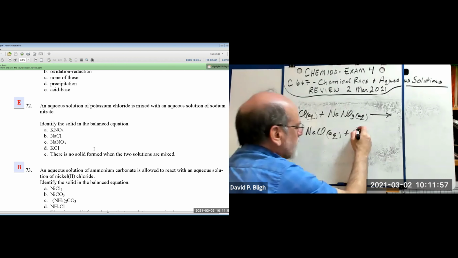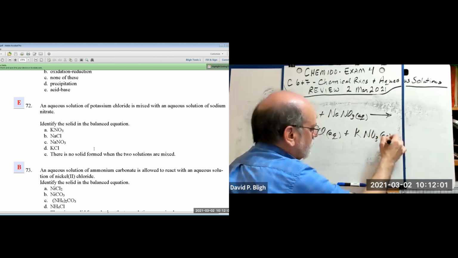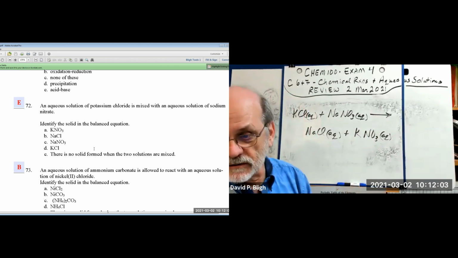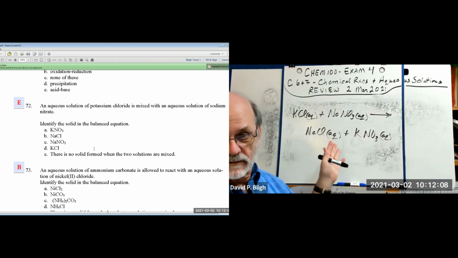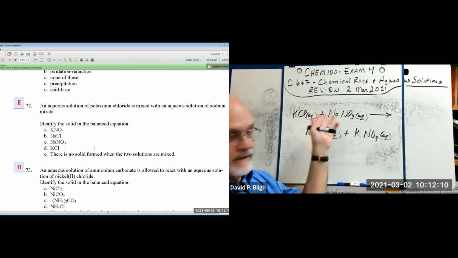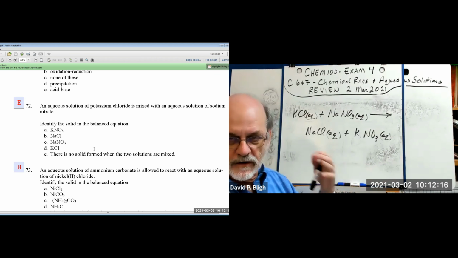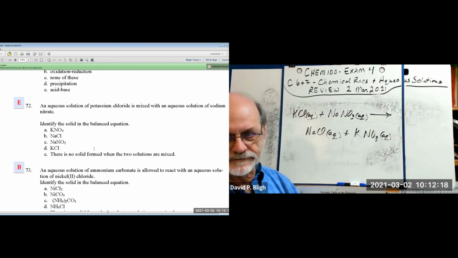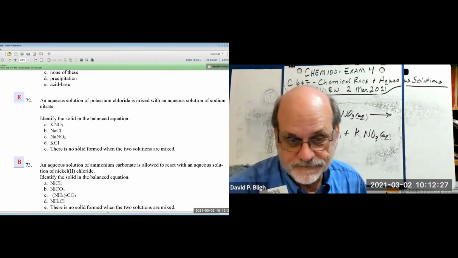And potassium nitrate, that's soluble too. So when you mix those two together, you get no reaction. Everybody's in solution. They started in solution, they stay in solution. There's really no reaction, nothing driving the formation of some product. So that's why E is the answer to that one.